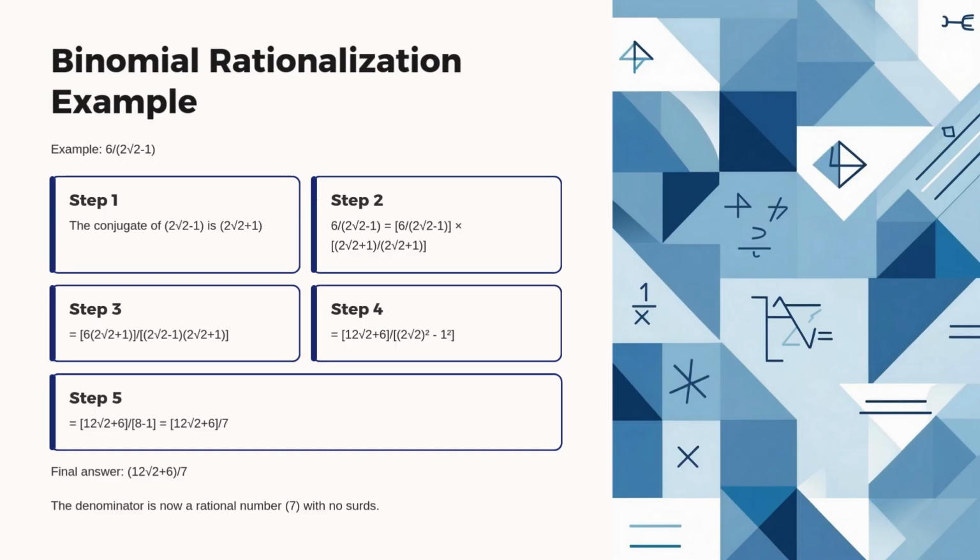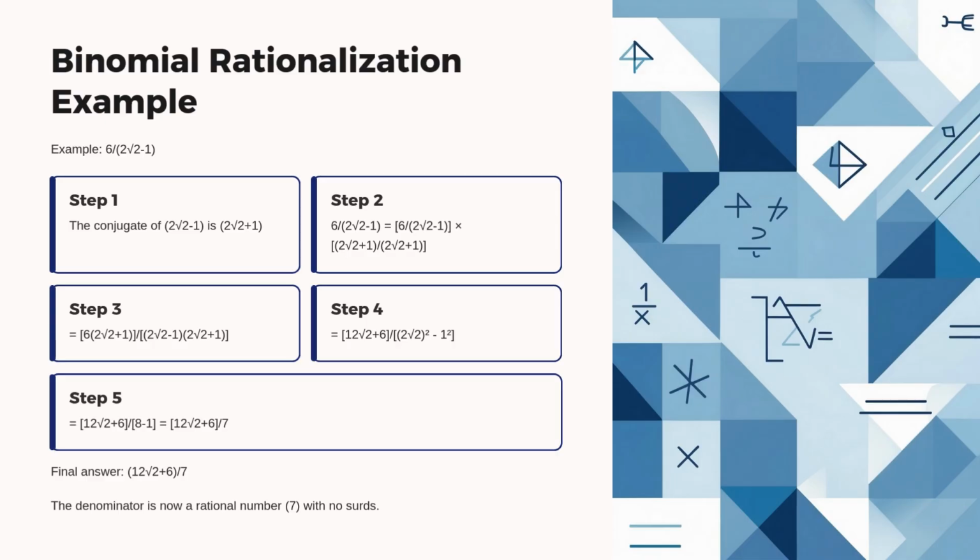Step 4 equals (12√2 + 6) divided by ((2√2)² - 1²). This is obtained by applying the difference of squares formula to the denominator.